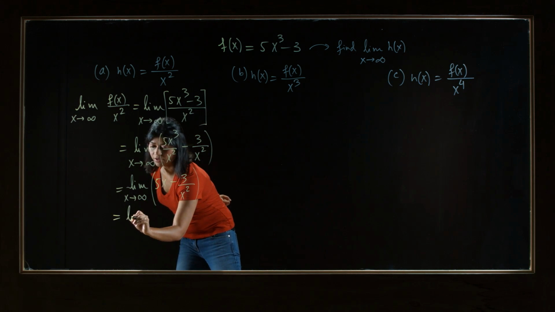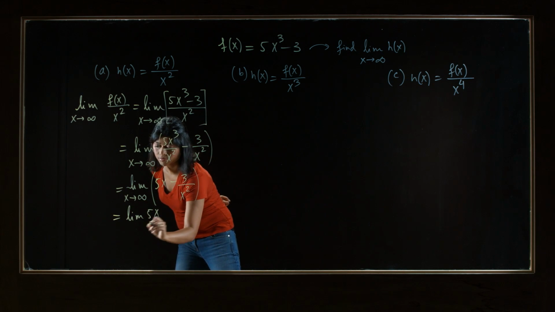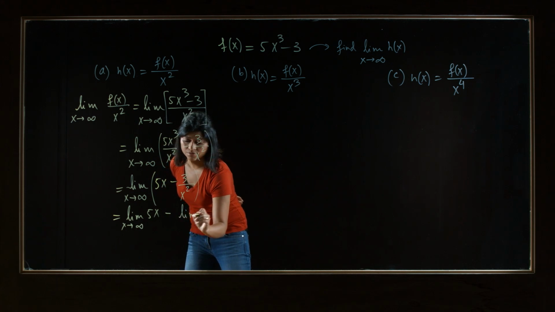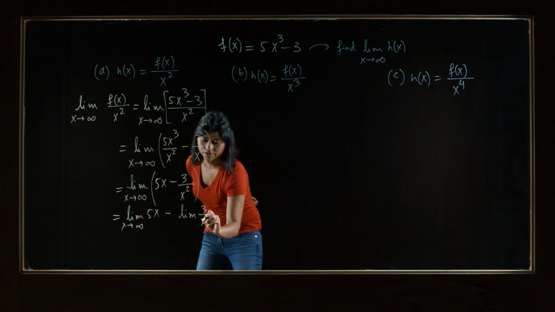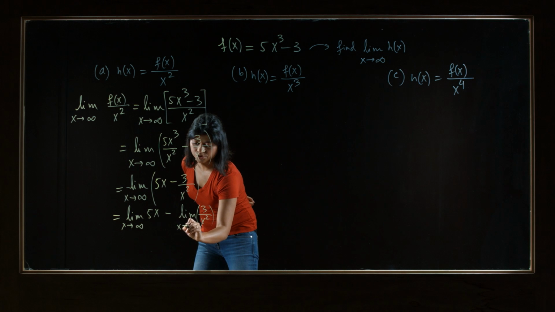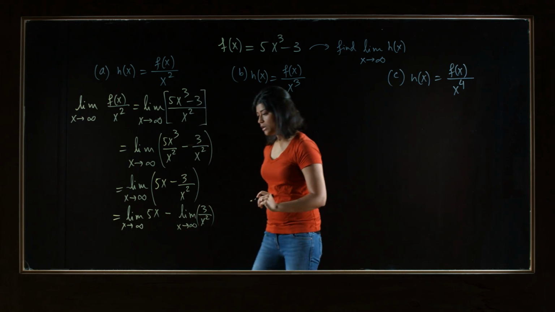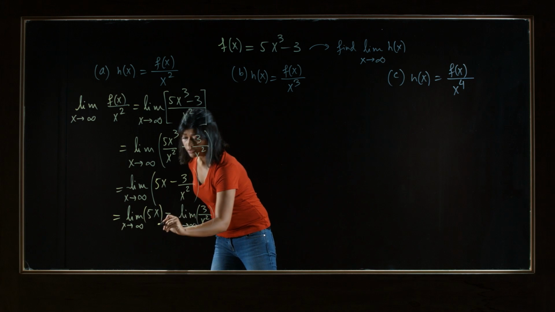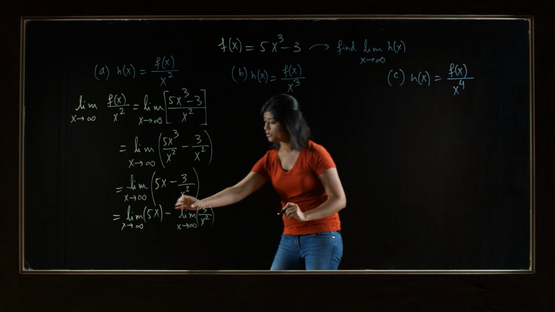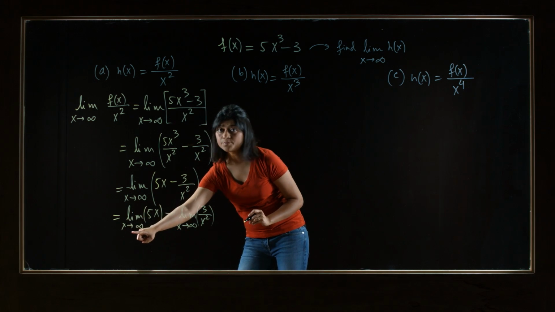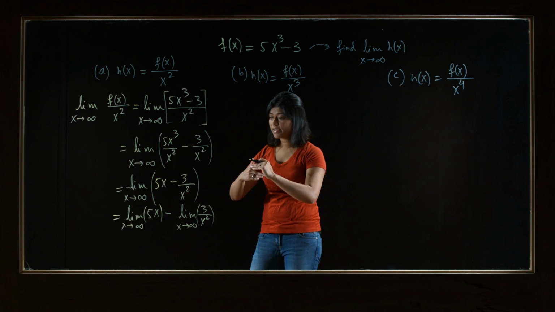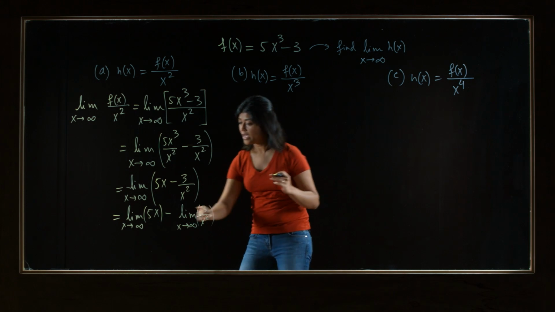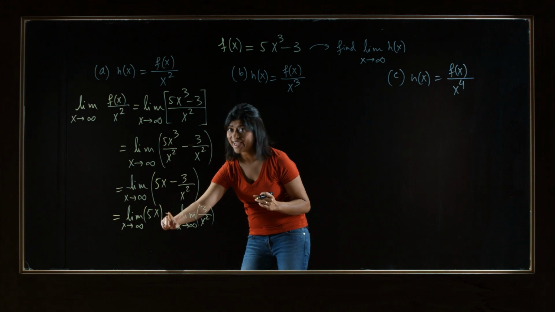So we will have the limit of 5x as x approaches infinity minus the limit of 3 over x squared as x approaches infinity. Now let's think about it. What does it mean for x to approach infinity? For the first one, x approaching infinity means x is getting bigger and bigger. It's taking large values. And our function is 5x.